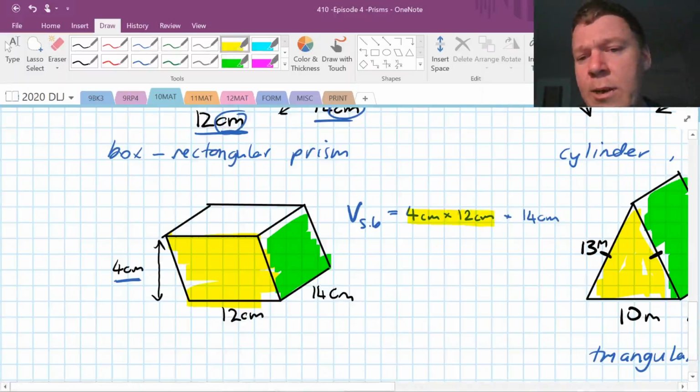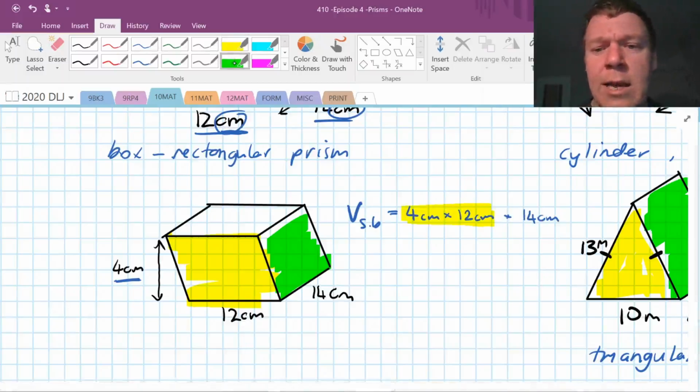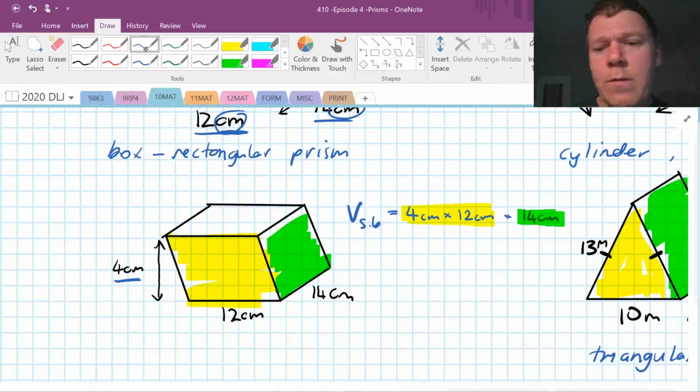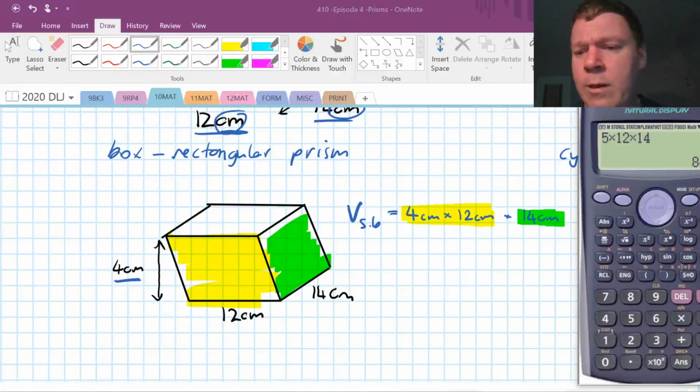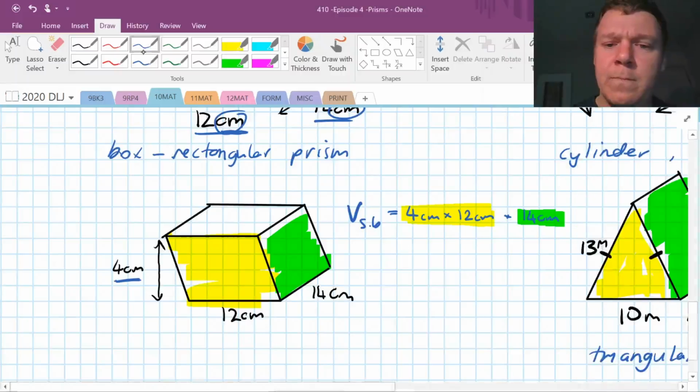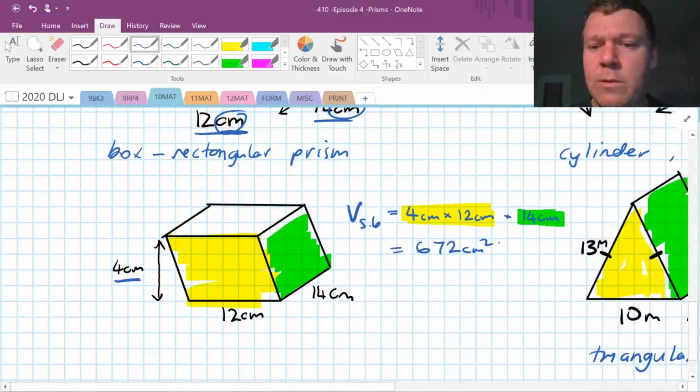This is the area of our front face, and then this is the length that we extruded. So if we put that into our calculator, 4 times 12 times 14 equals 672 centimeters cubed.